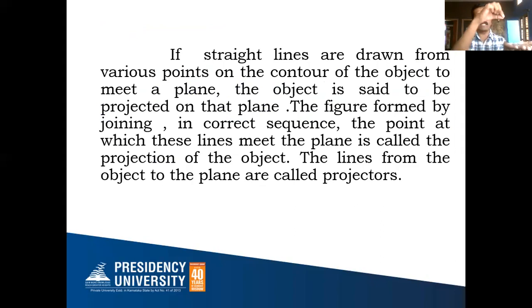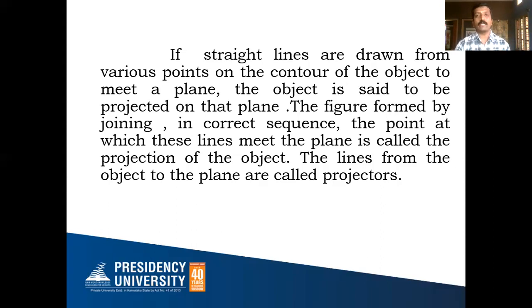Because we are projecting the identified points of the object towards the plane where we are drawing the object. After drawing the projector lines till they meet the plane, we join the points sequentially. Whatever shape you get is the projection of the object on the respective plane. This is called the projection.